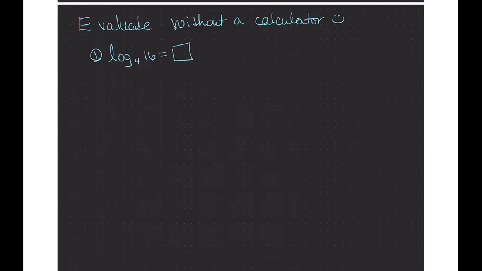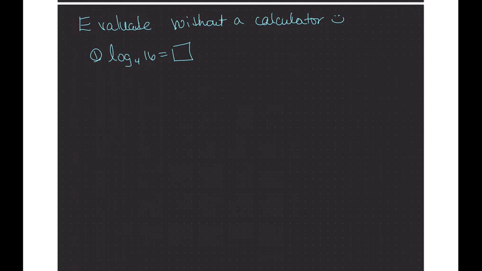It helps because off the top of my head, I don't have all of these logs memorized. Back in the day, you used to have pages and pages that you would go through to figure out what some of these values were. But we know how to write this as an exponential, so if I can write it as an exponential, it might help it be more clear on what my box is going to equal.